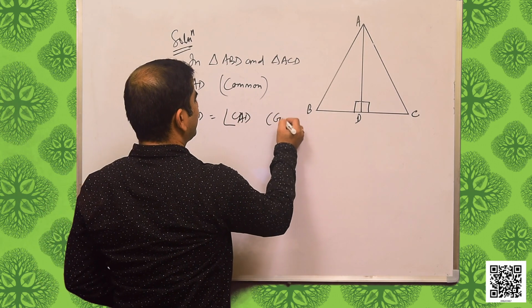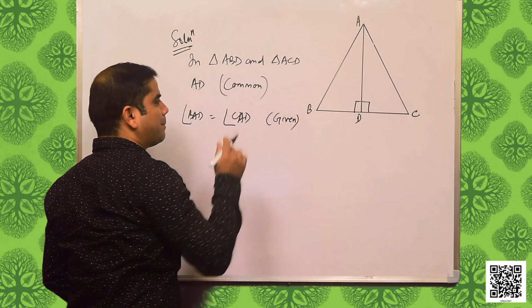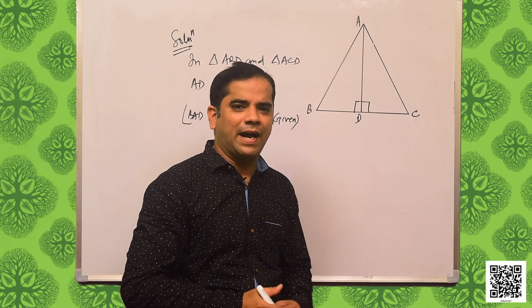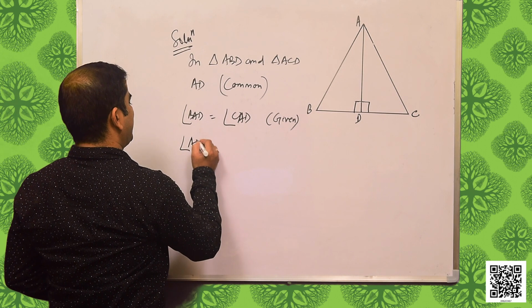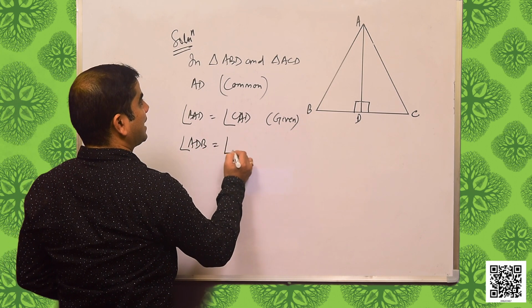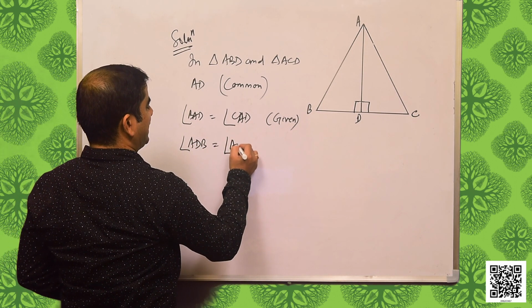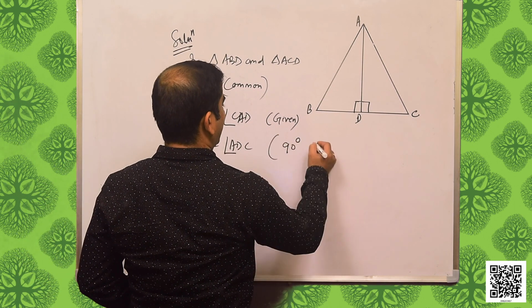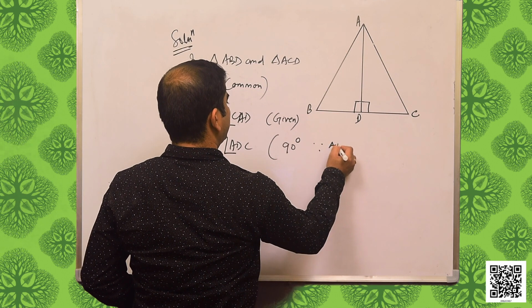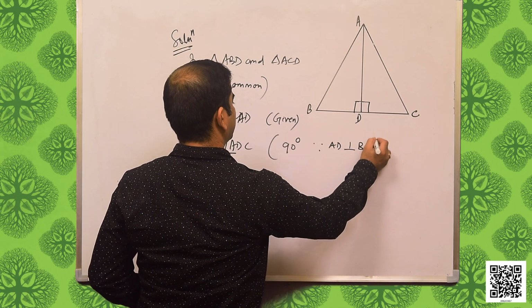It is also given. Why? Because AD is the bisector of angle A. What else? Angle ADB is equal to angle ADC, that is 90 degrees, isn't it? As AD is perpendicular to BC.